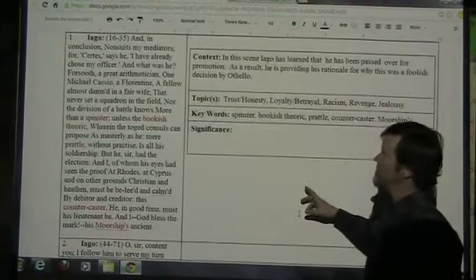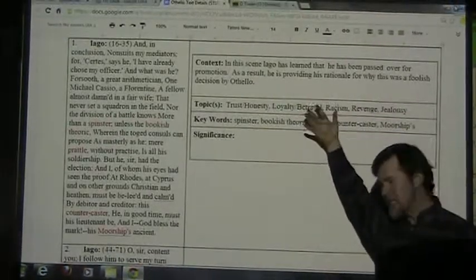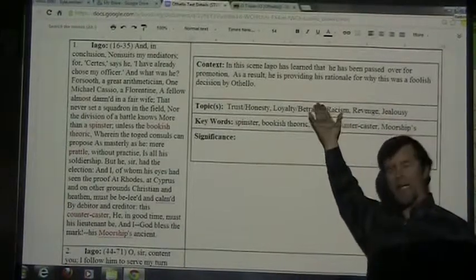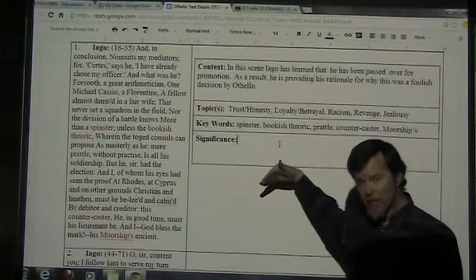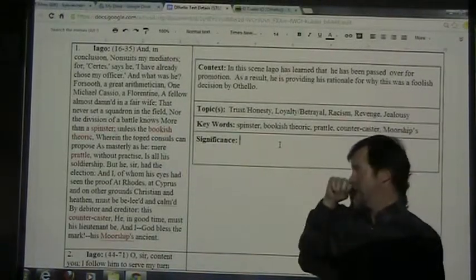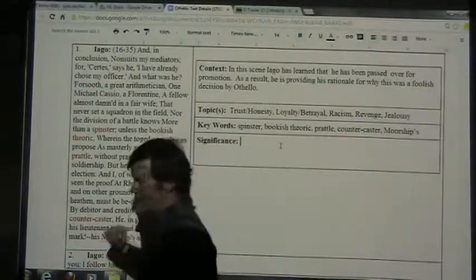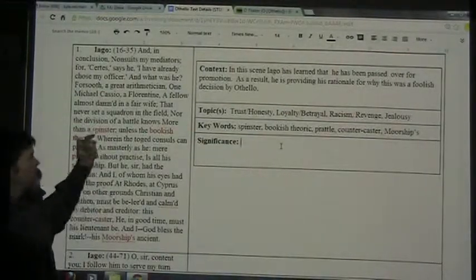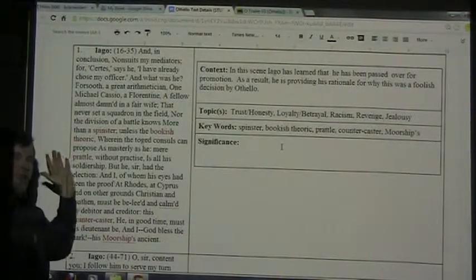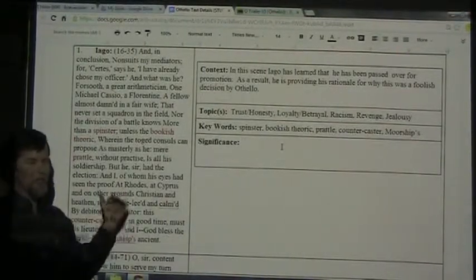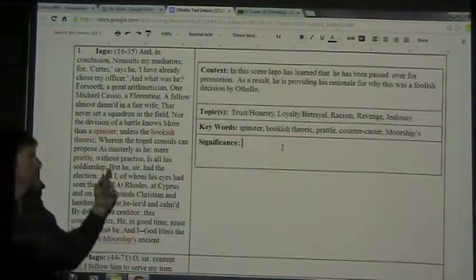So as Mr. Gonzalez was saying, the context is Iago explaining, or complaining, either way, why he should have gotten the lieutenancy instead of Michael Cassio. Well, what I see is that at the beginning of this passage, Iago is talking about Michael Cassio. Even if I don't understand Shakespeare's language exactly, some of these words stand out to me.